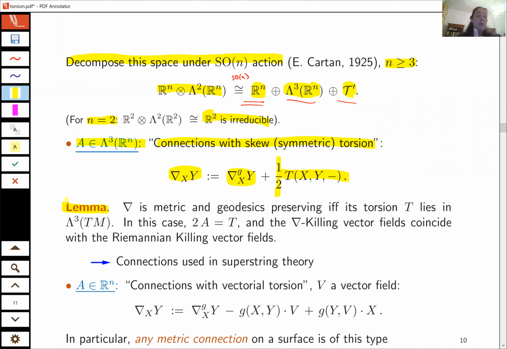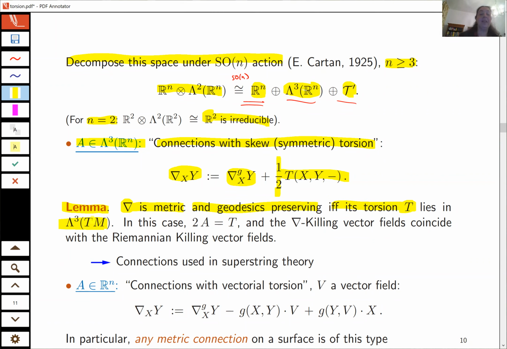In general, you will change them. And the lemma is that nabla is a metric connection preserving the Riemannian geodesics if and only if the torsion T lies totally in Lambda^3, so the torsion has only a free-form component.